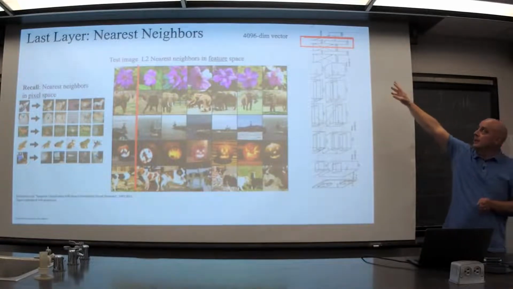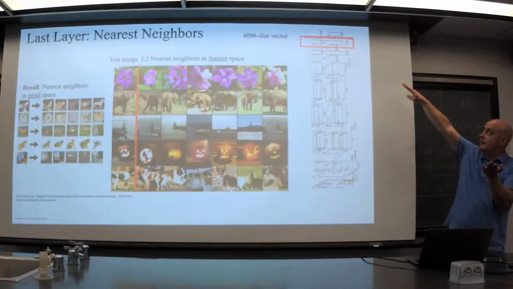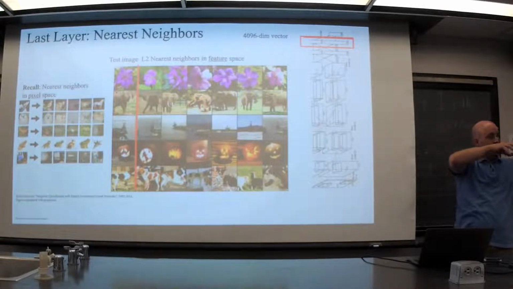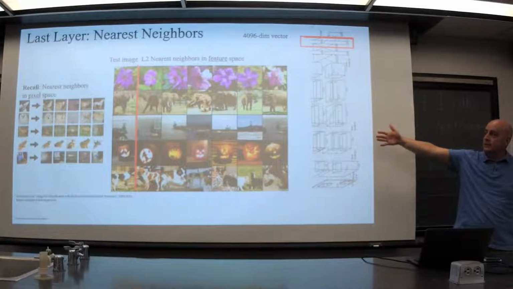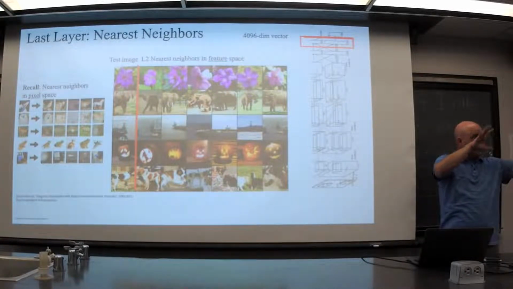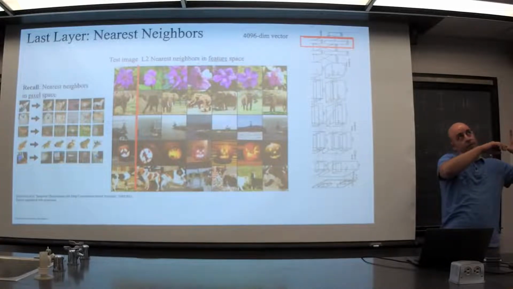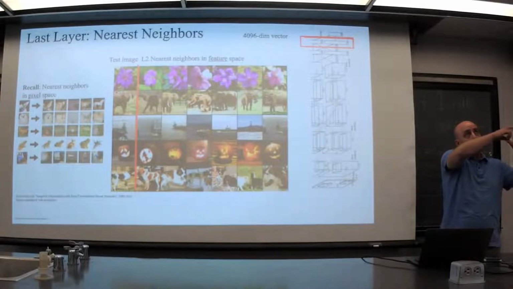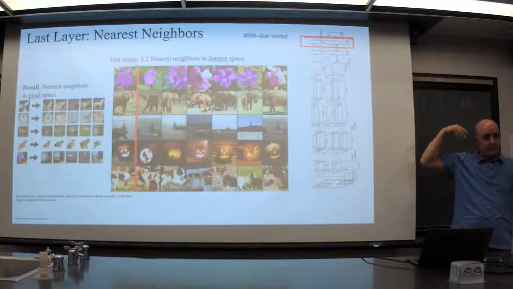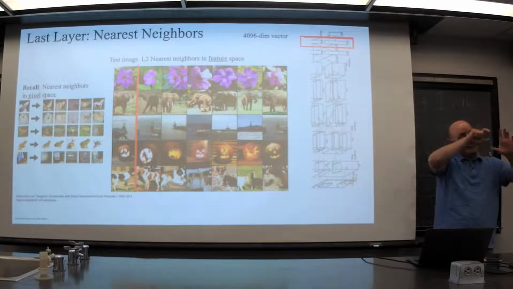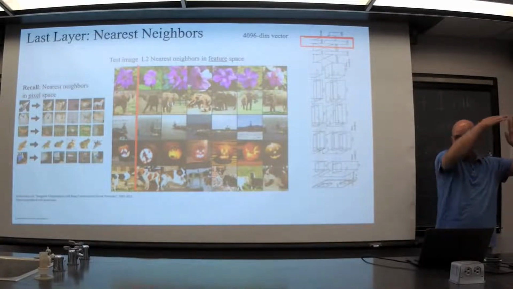Think about what's happening as you go from this final layer to the score layer, where you go from 4096 dimensions to 1,000 dimensions, the number of classes you have. The weights there are a matrix, 1,000 by 4096. Going back to the first lectures where we talked about linear classifiers, each row there corresponds to one of the classes, which is why there are 1,000 of them.